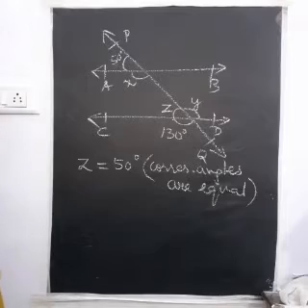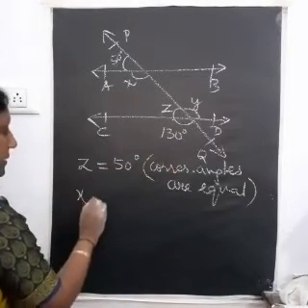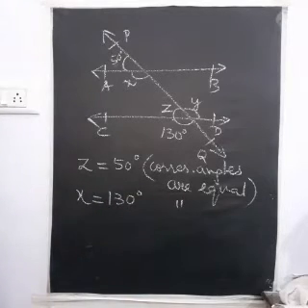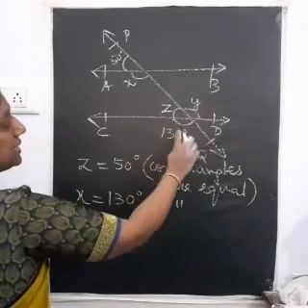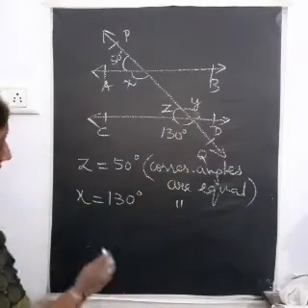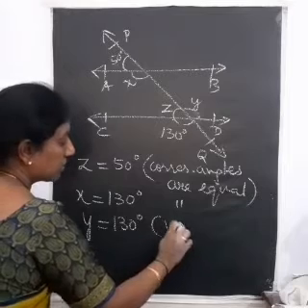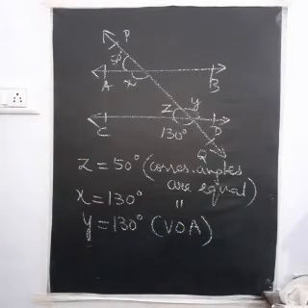Then, similarly, what will happen to X and 130? X will be 130 by the same rule. That is, corresponding angles are equal. Now, what do you think will Y be? We can see these two are vertically opposite angles. So, we can say Y is equal to 130 because of the rule, theorem, vertically opposite angles are equal.